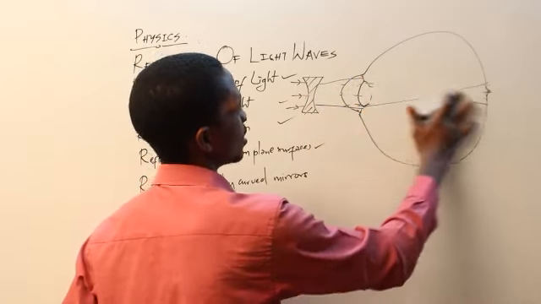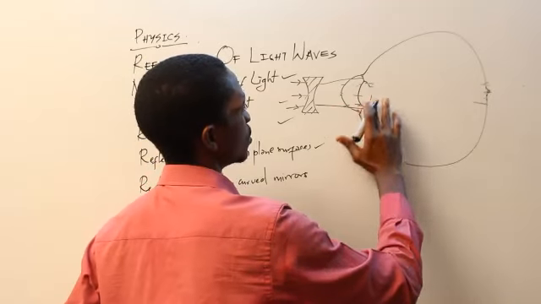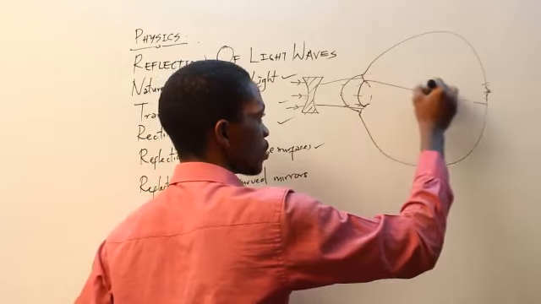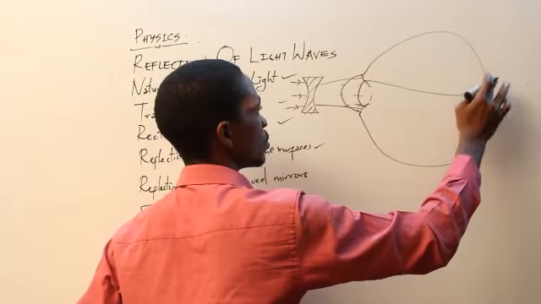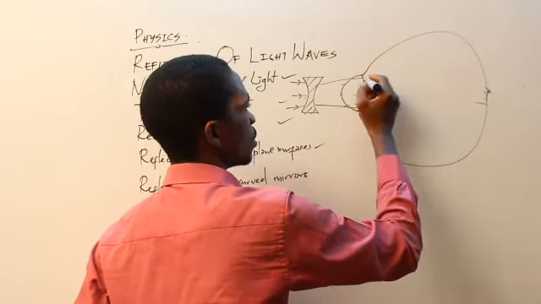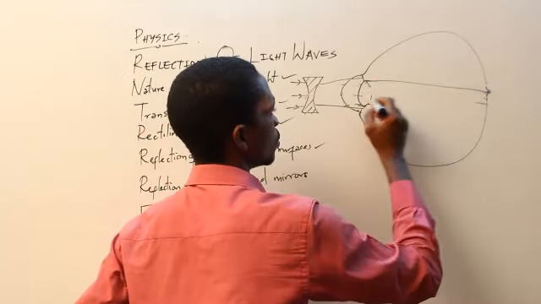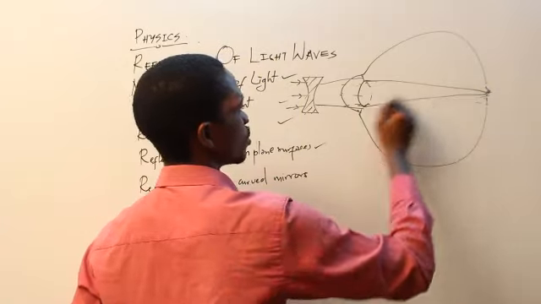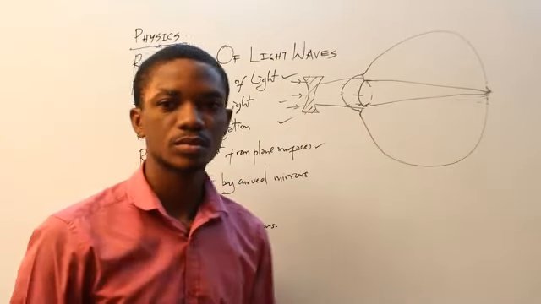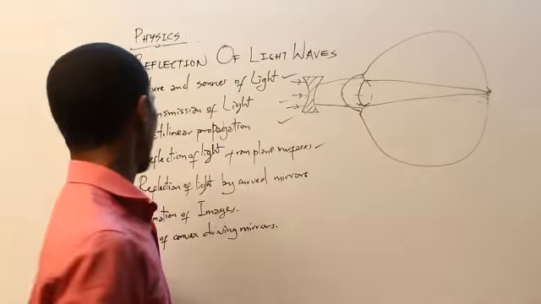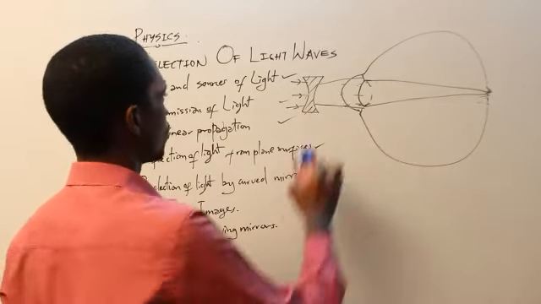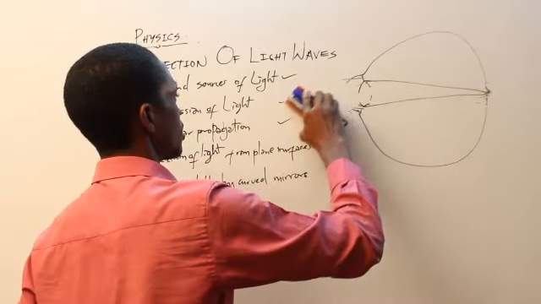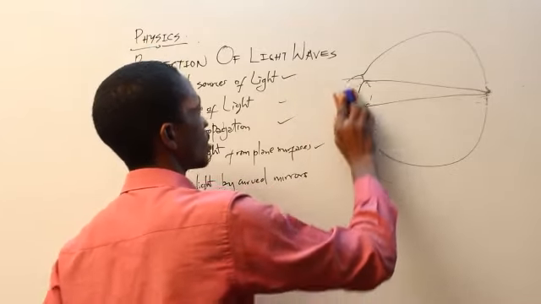So the light that comes out of it is converged into the blind spots. So that's one of the applications, one of the uses of lenses. They are used in making glasses, they are used for magnifying objects.